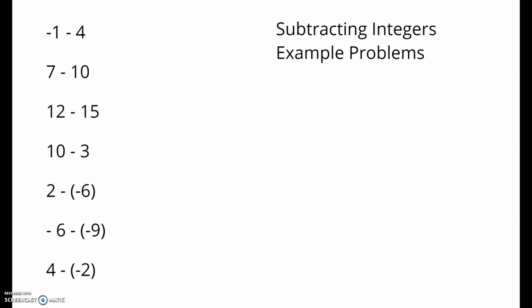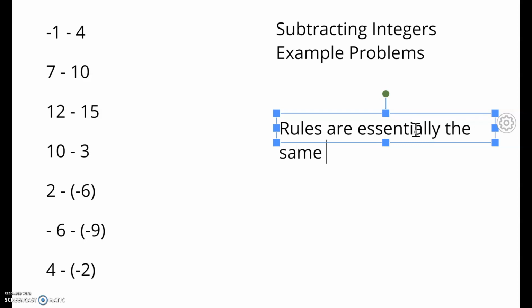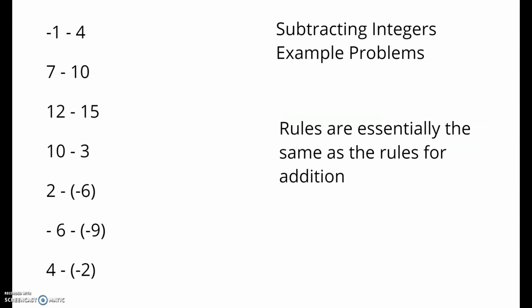First of all, the way that I look at these kinds of problems is the rules for subtraction are essentially the same as the rules for addition. Now, we do have to think of it a slightly different way, but in the end, the rules are the same.